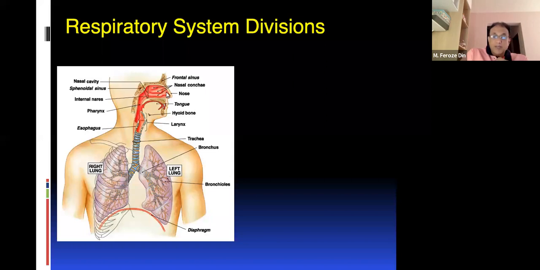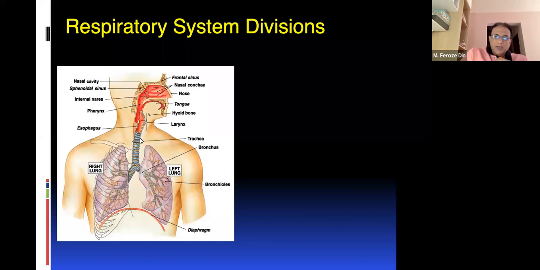One is, of course, simply conduction, but it also filters, warms, humidifies the air, and then it passes to the nasopharynx, oropharynx, and laryngopharynx. And that is where the air is then channeled into the larynx, trachea, and into the lower respiratory tract.